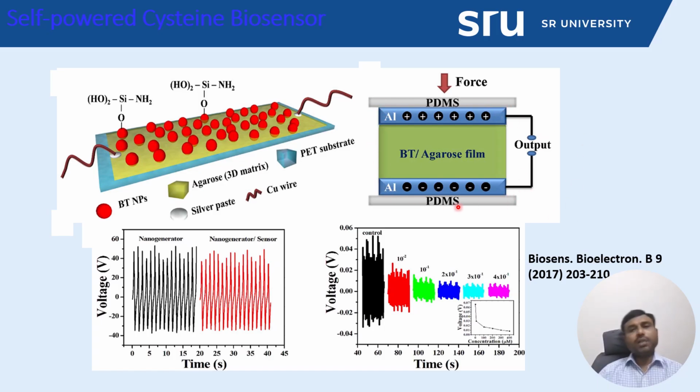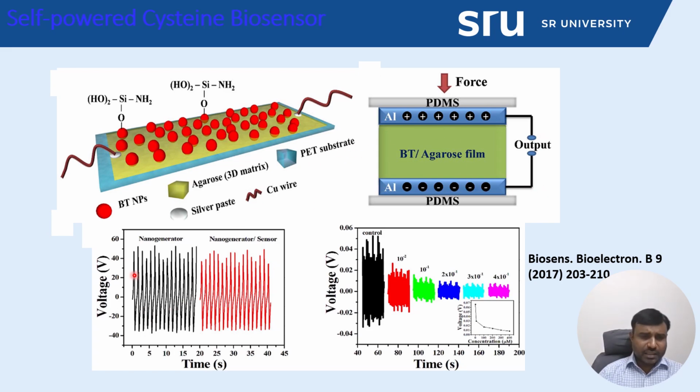PDMS can also produce electricity. It is a well-known material broadly used for nanogenerator device fabrication because of its highly flexible characteristic, and another advantage is its transparency. So in this work they used this nanogenerator device and successfully applied it as a cysteine sensor.